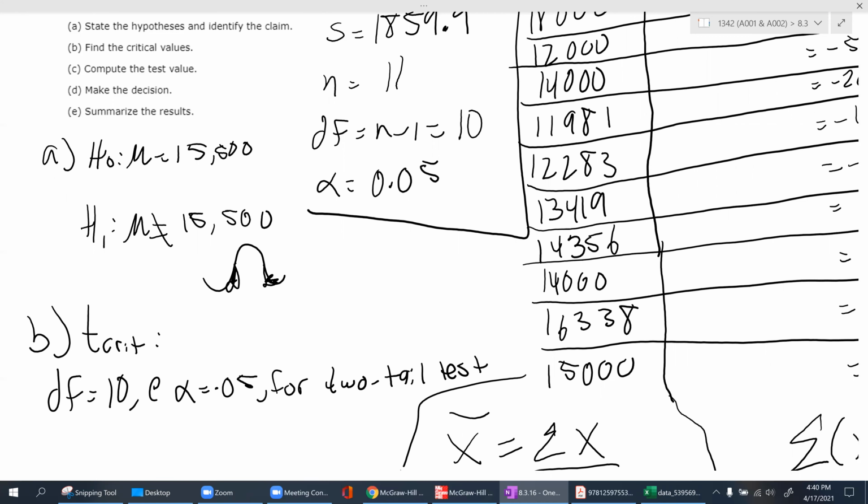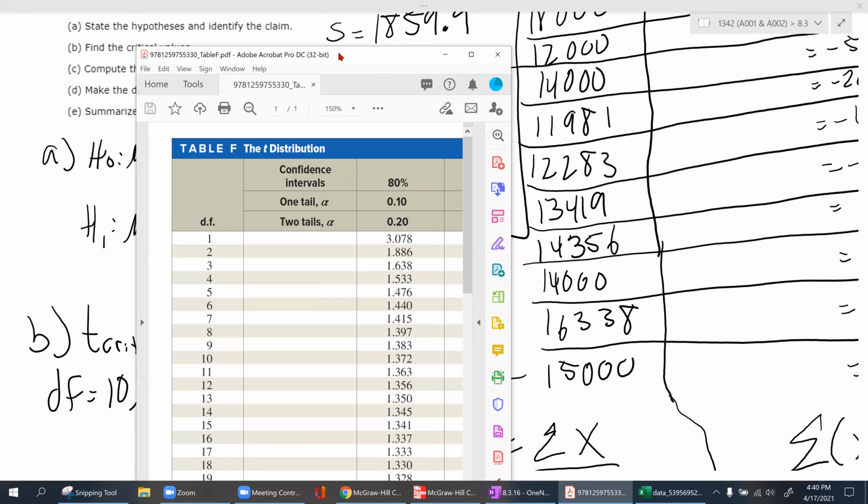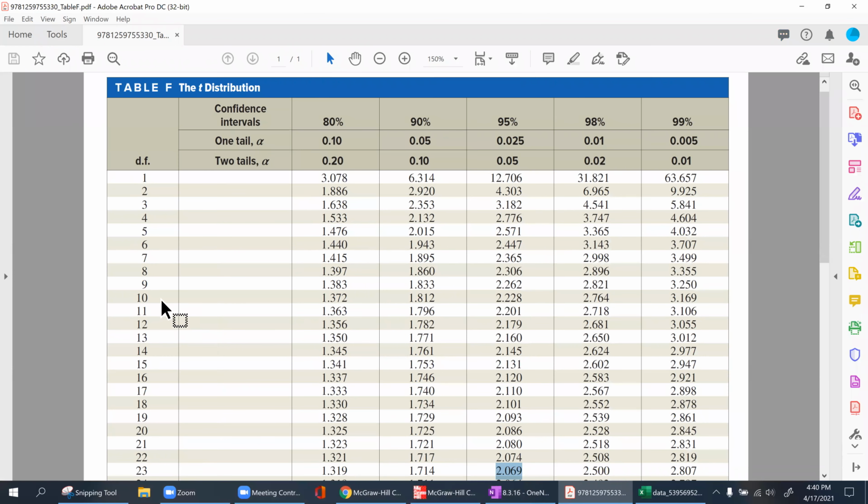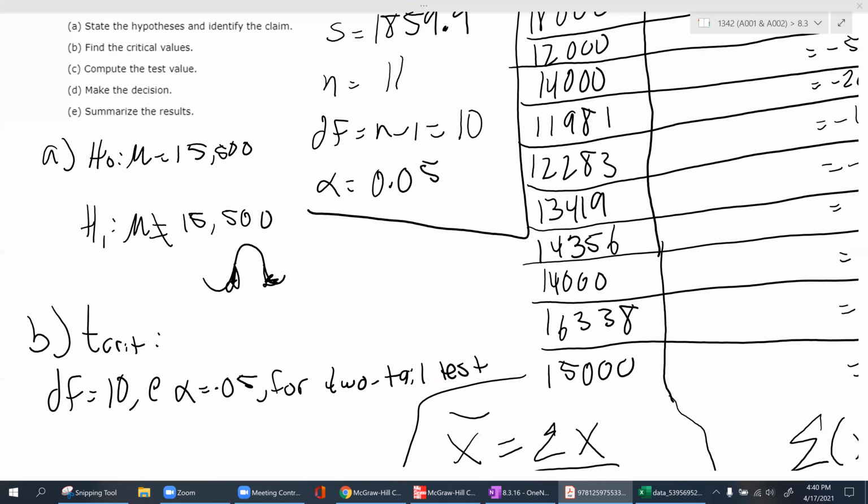Where's my t-table? 10 at 0.05, two-tailed. Right here, two-tailed 0.05 with degrees of freedom of 10. Yes, there we go, 2.228.